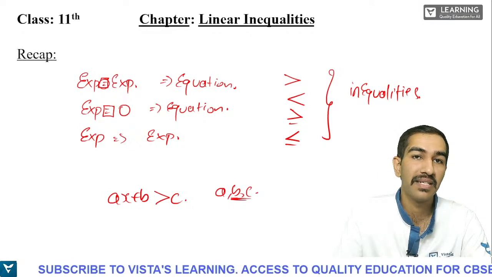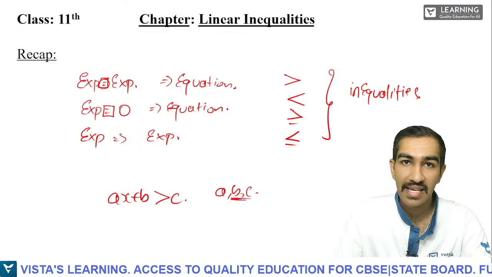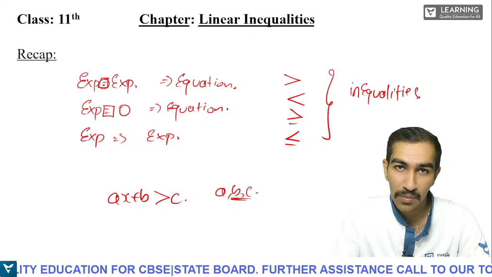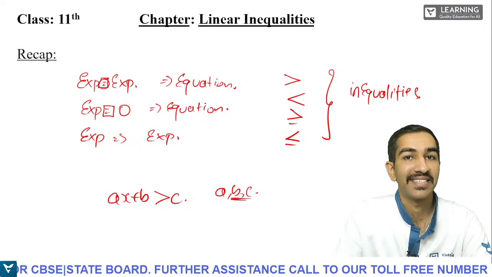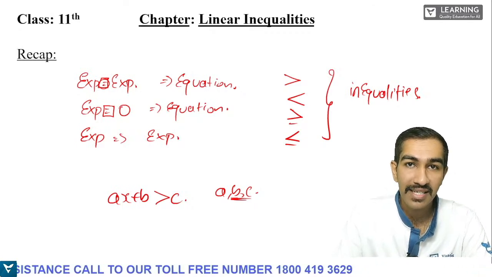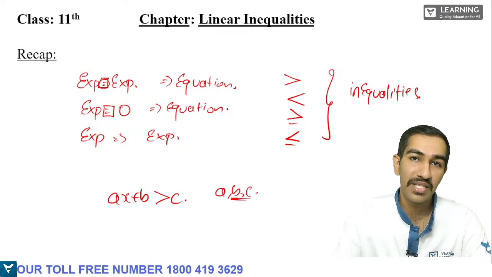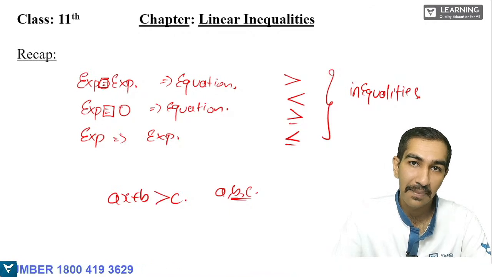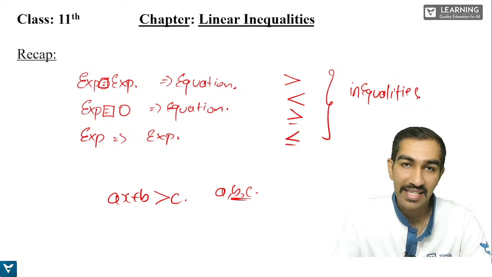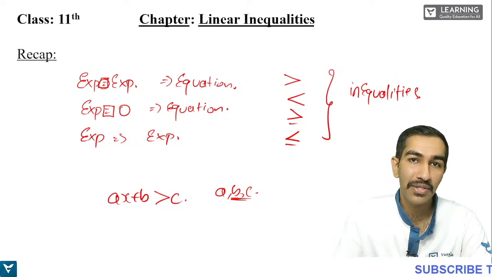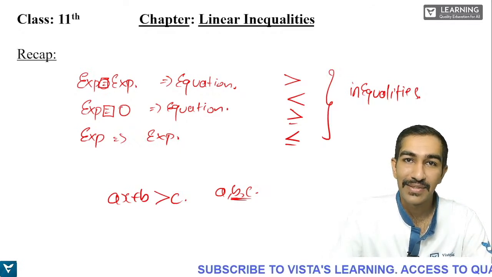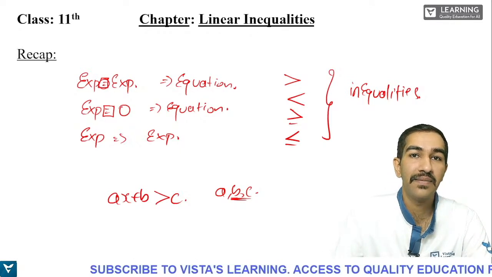If it was equal to, then it would be called an equation. Once we use any symbol apart from equal to, it is called an inequality, and a linear inequality because the highest power of the variable is 1. So this is only the recap of what we saw in the previous class.